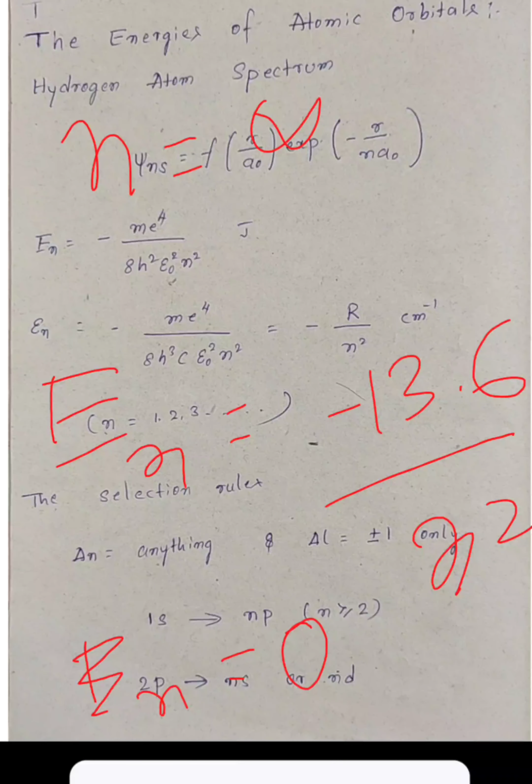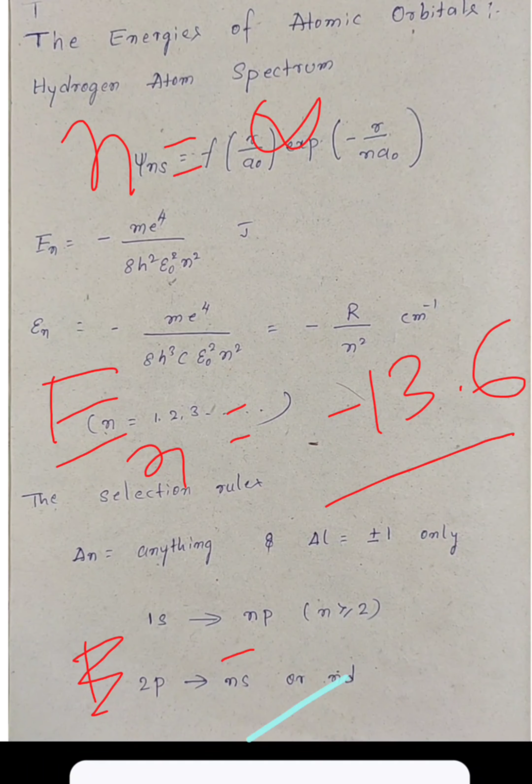Zero indicates the electron is free. Another definition is that the electron is in the continuum state, at n equal to infinity. So these are the energies of atomic orbitals.